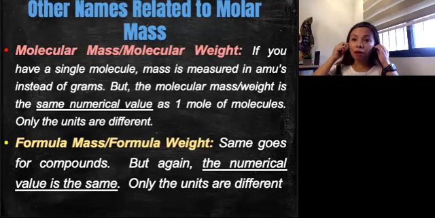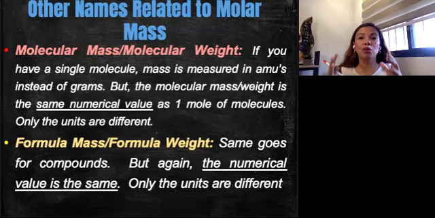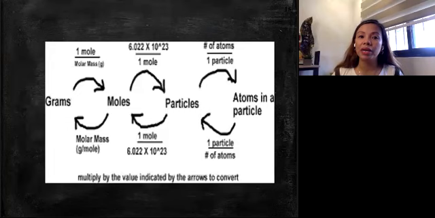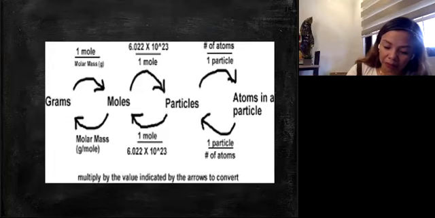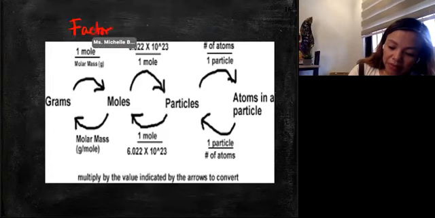Okay. The goal of this lesson is to convert. It's just like converting meters to centimeters, kilometers to meters. So we have to learn the process of conversion. And we will be doing that using the factor label method.